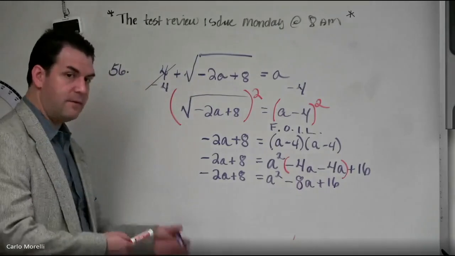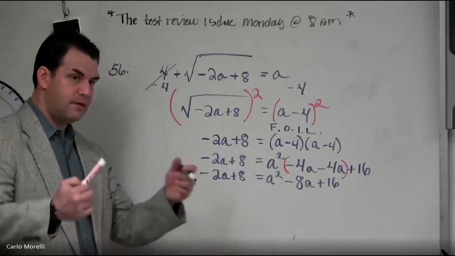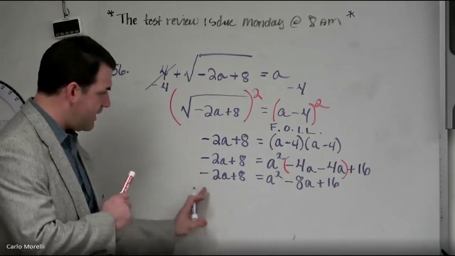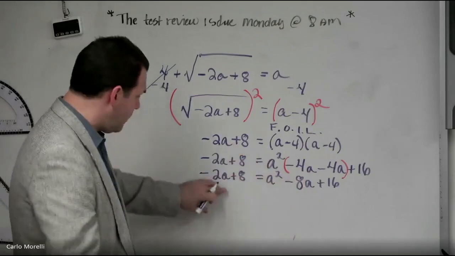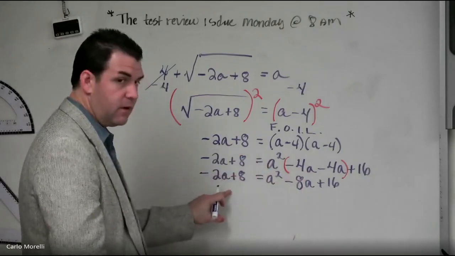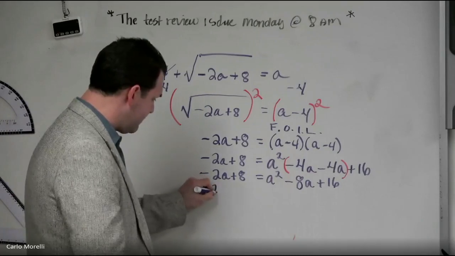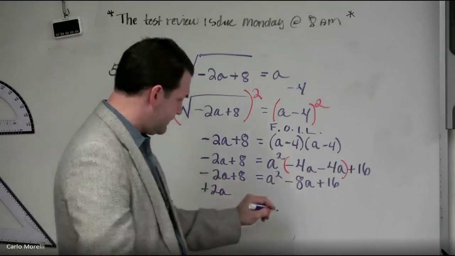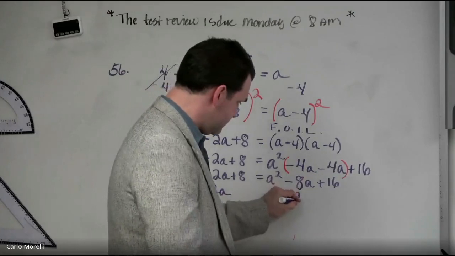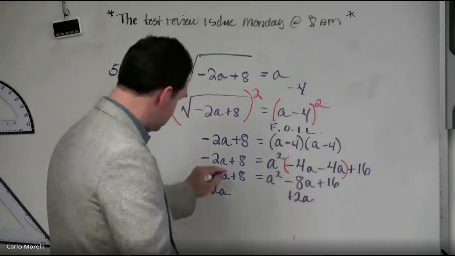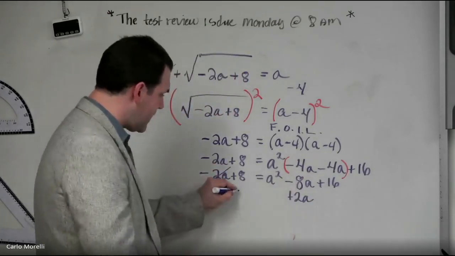Okay, so now we can resume the process of moving everything over to the right. We want to get this left side to be 0. So now I'm going to add 2a to both sides, and I'm going to subtract 8 from both sides.